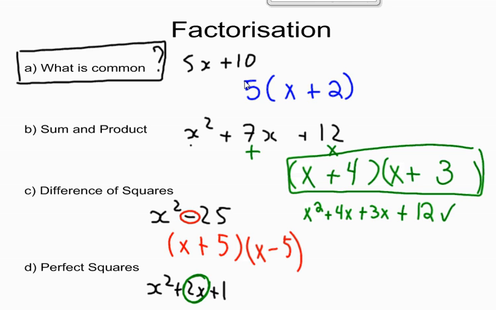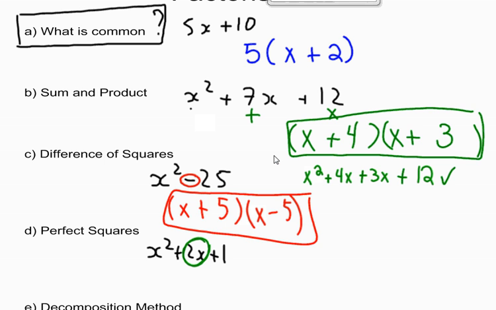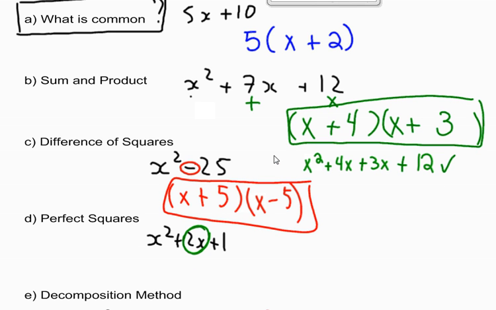And again, we can check this by expanding using FOIL, and we should get exactly what we just started with. So if we expand that, we should get x squared minus 25. So this is fully factored in this step. Perfect squares we can factor in the same way that we factored sum and product. In fact, difference of squares, you could do that too.